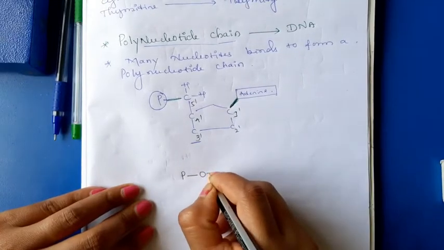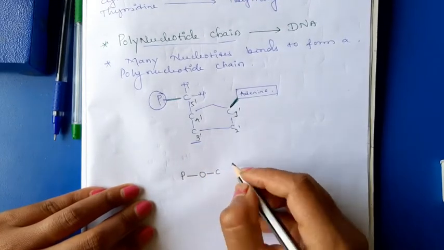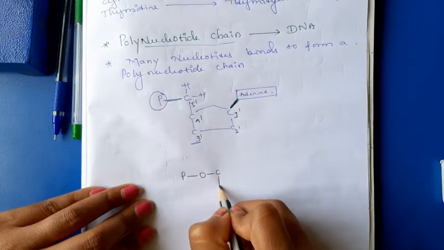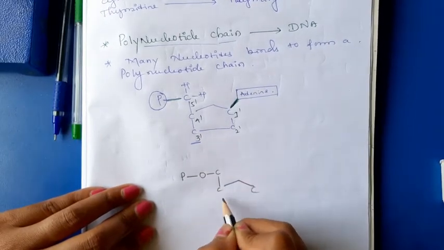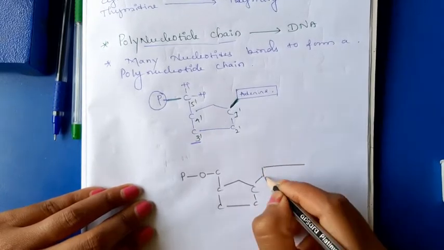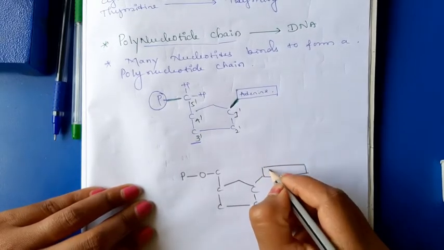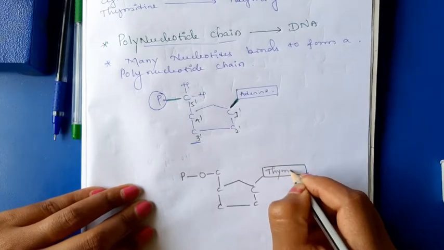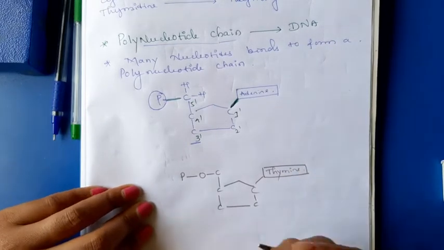It is already bound with the 5th carbon atom of the second nucleotide. Here I will take the nitrogen base as thymine. Okay.